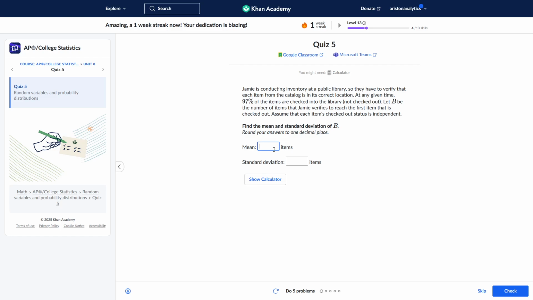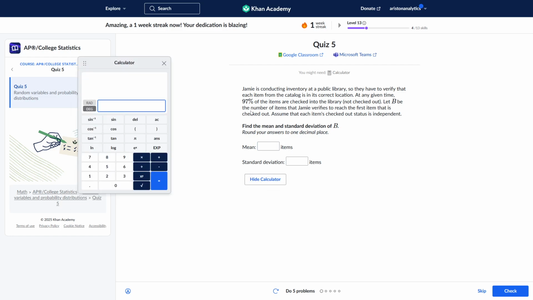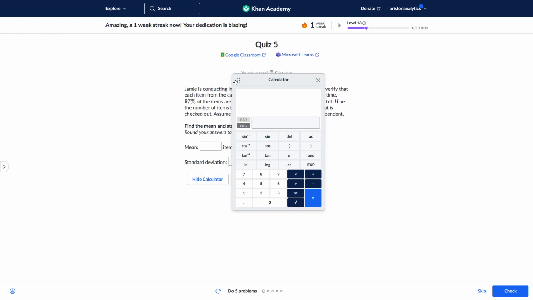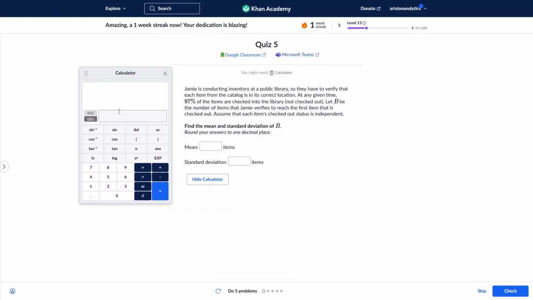Mean and standard deviation. Okay. B is the number of items that Jamie verifies to reach the first item that is checked out. 0.03. 1 divided by 0.03. 33.